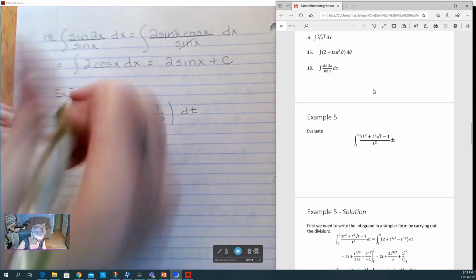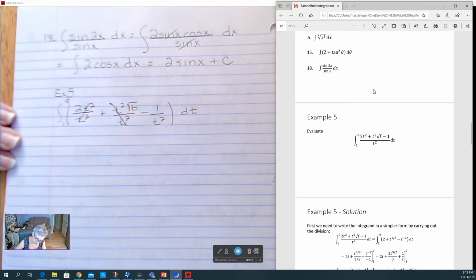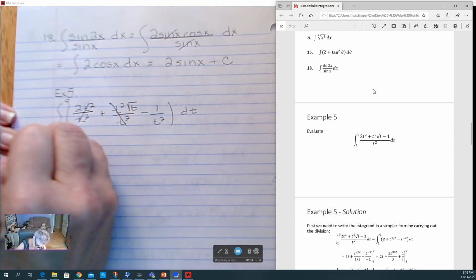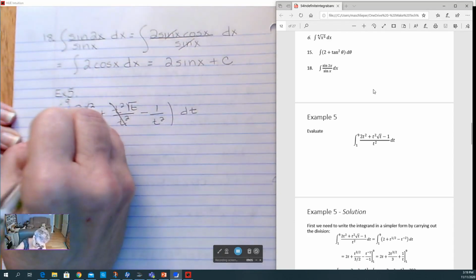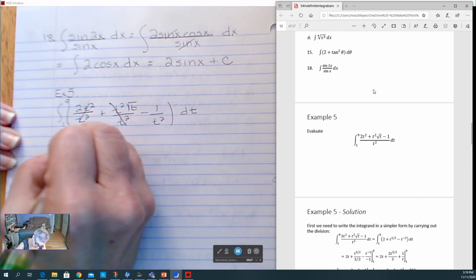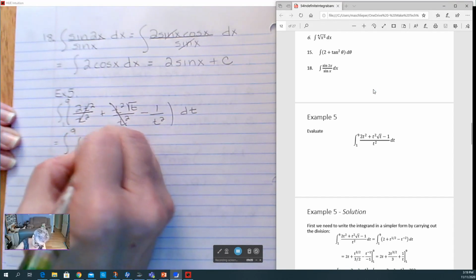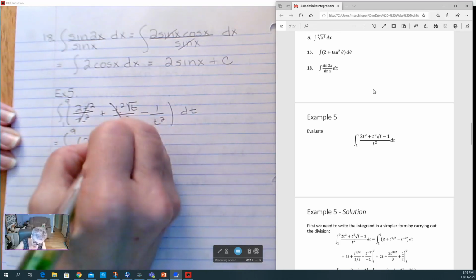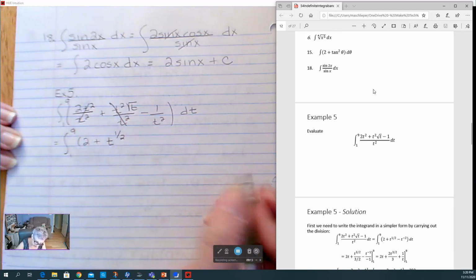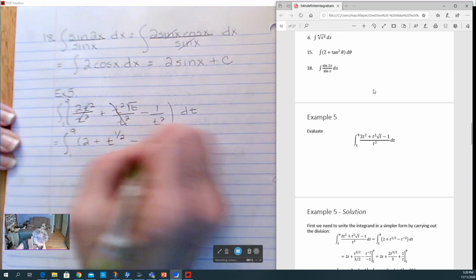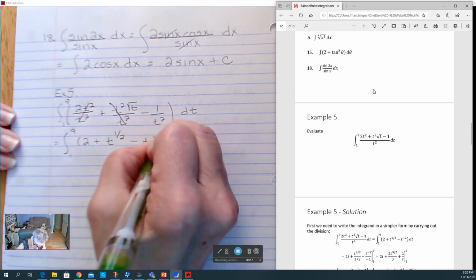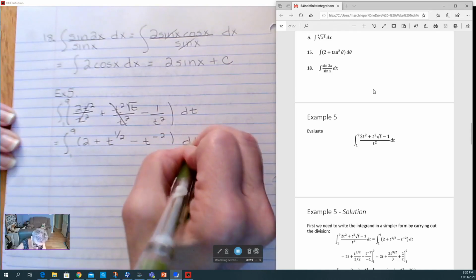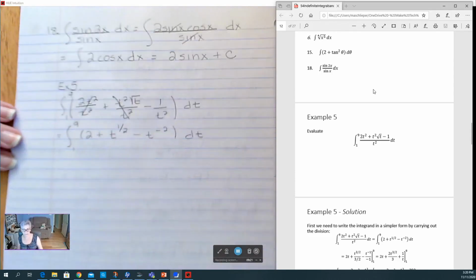Now I'll simplify stuff. Still going from 1 to 9, but I have 2 plus square root of t, which is the same as t to the 1/2 power, minus t to the minus 2 power.